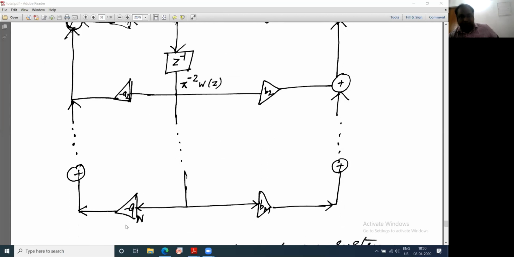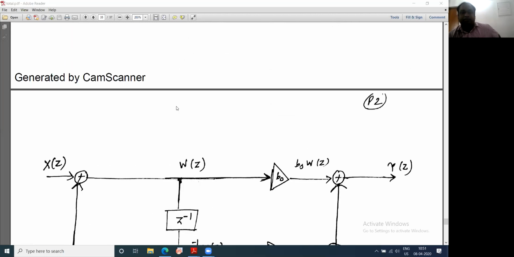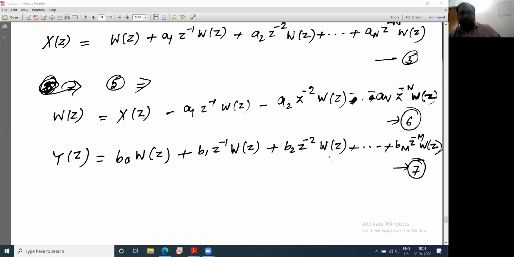Then all will come together. Therefore, this realizes the W(z), right? So the total at this position will be X(z) plus all this negative thing. Therefore, I have realized W(z), that is X(z) minus all this negative thing. So I have realized W(z).